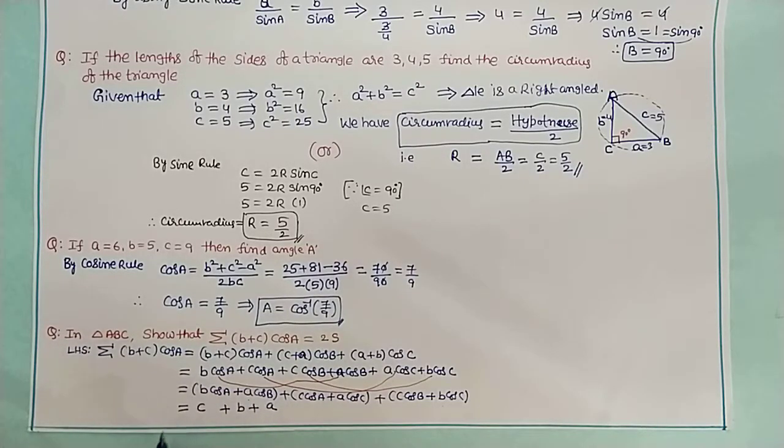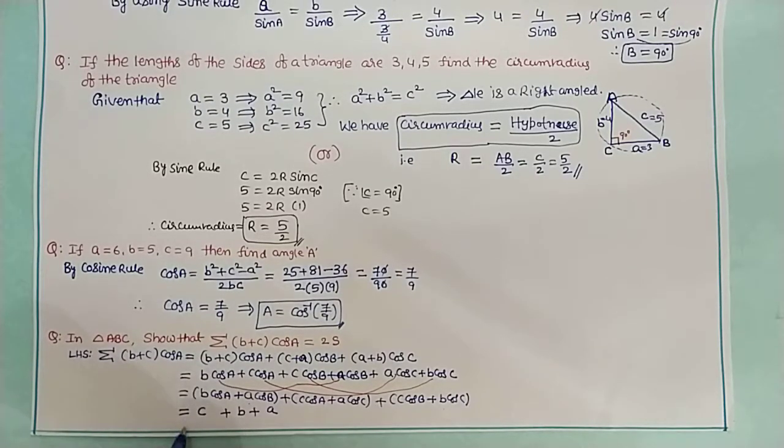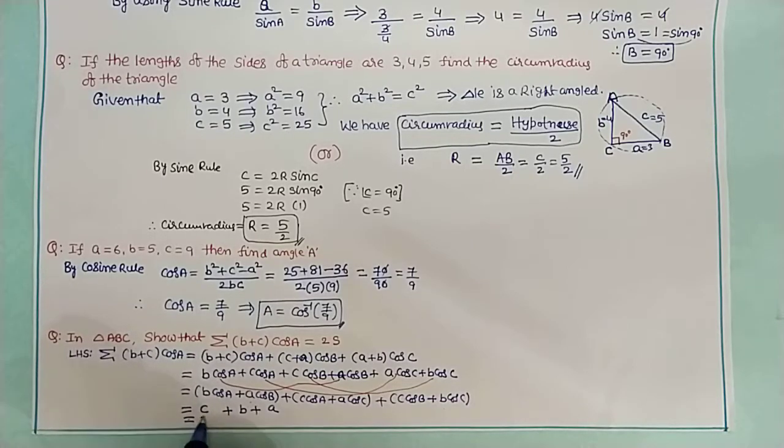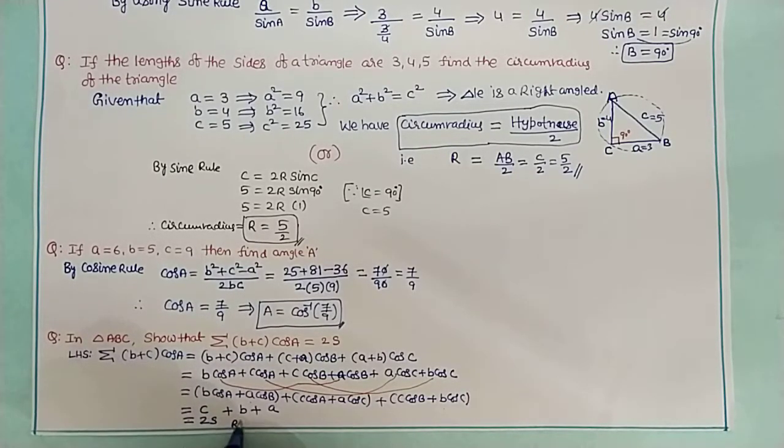So a plus b plus c is equal to 2s. Why? Because 2s equals the perimeter of the triangle, in properties of triangle. This is equal to 2s, it is RHS, hence proved.